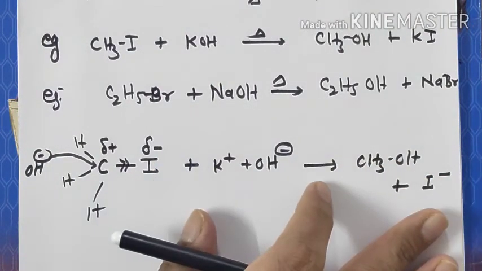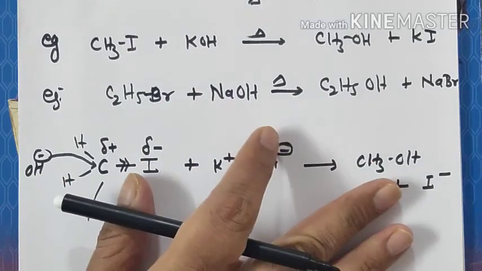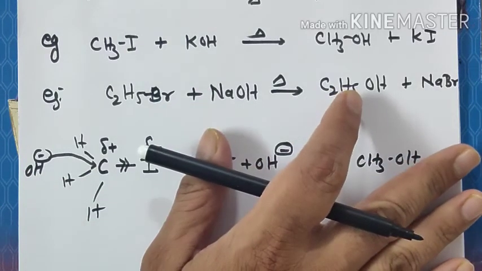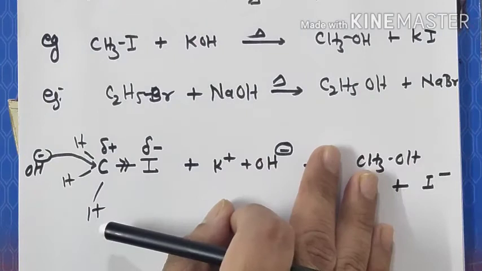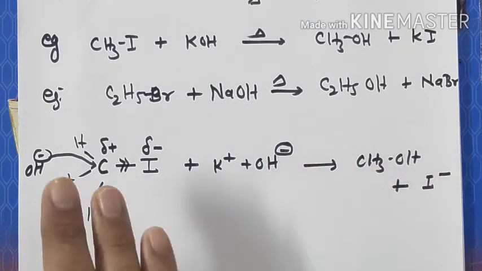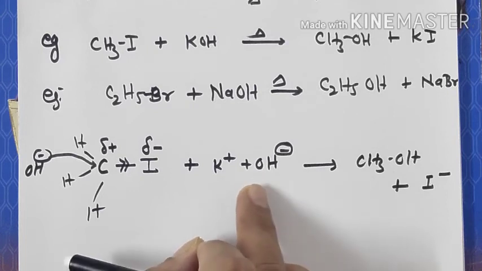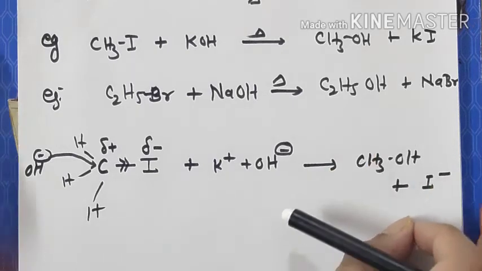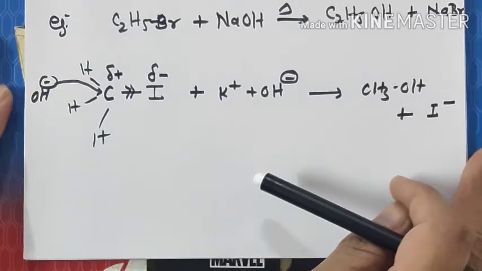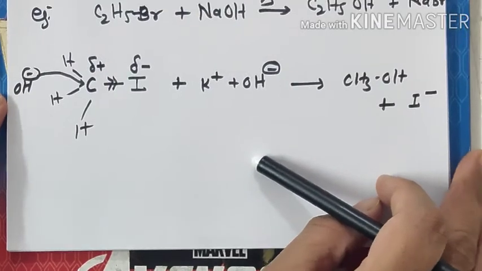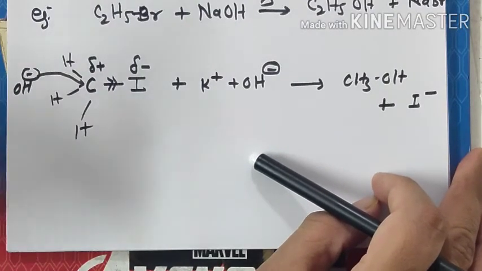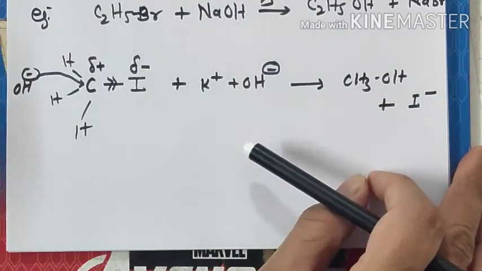The only thing you have to identify is which is the nucleophile in a given reagent, and where this nucleophile is going to attack, that is what you have to find, student. Okay, ready? Let's start with the next reaction, and this mechanism is going to be the same for the rest of the reactions. If I feel there's a need to explain, I'll explain, otherwise the things are going to be the same.